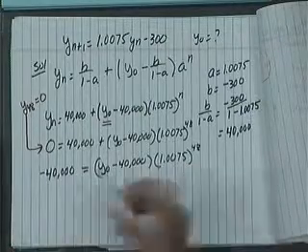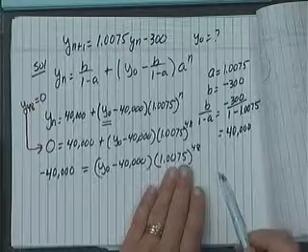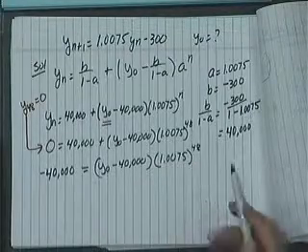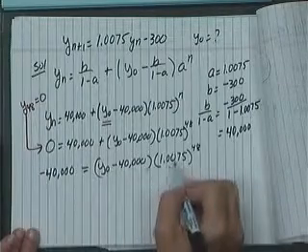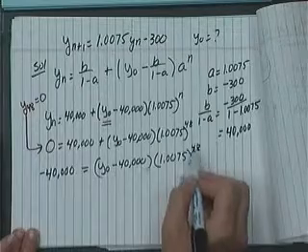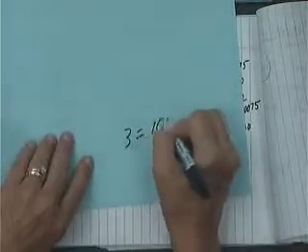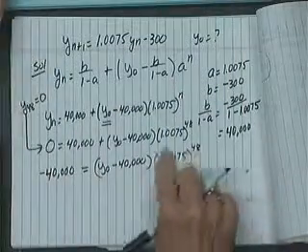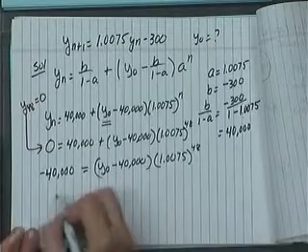If you had an equation like x times 10, what would your next step be to get x by itself? The division. So we're going to divide both sides by this 1.0075 raised to the 48th, just like when you had something like 3 equals 10x, you divide both sides by 10. This thing is multiplied times the expression that has the y sub 0.